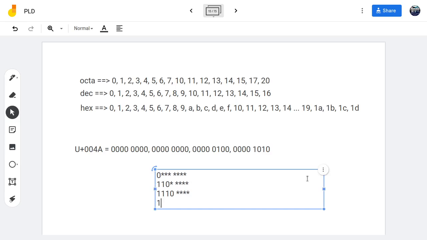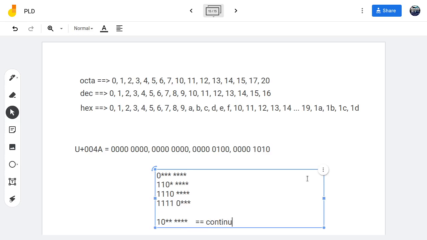When it begins with 11110, it is expecting 3 other bytes. Now let's talk about this unique one. I'm going to separate it. When it begins with 10, it is expecting 6 more bits. This one is supposed to be a continuation, what we call a continuation byte.